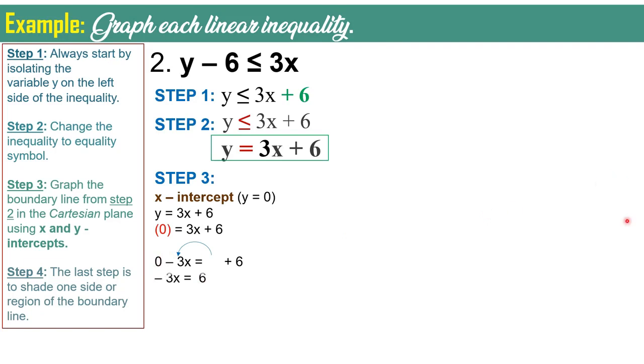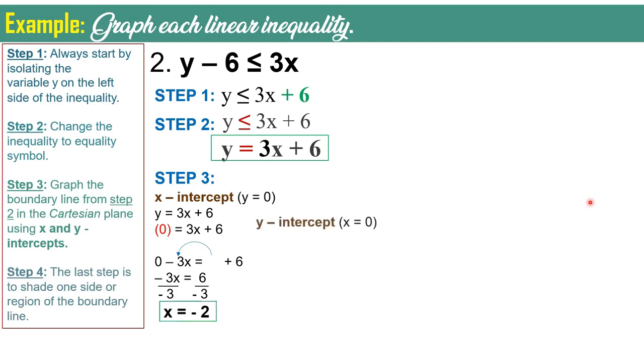Remove 0. So, we have negative 3x equals 6. Cancel negative 3 since we are solving for x. To cancel, just divide both sides by negative 3. Then 6 divided by negative 3 is negative 2. So the x-intercept of this inequality is equal to negative 2.